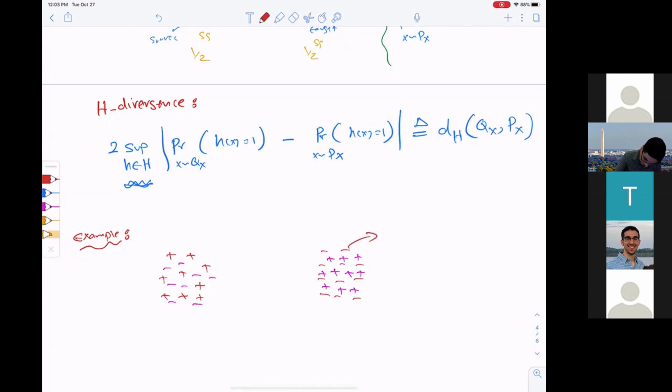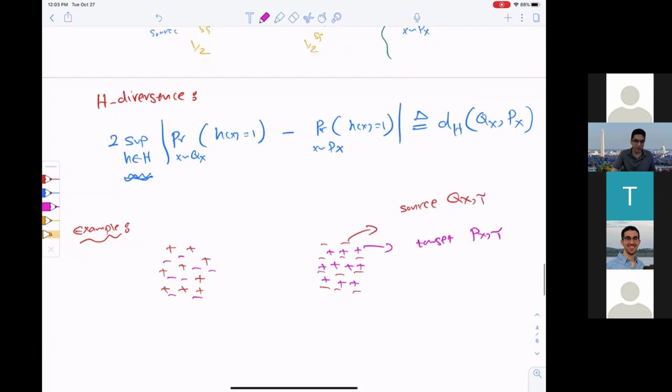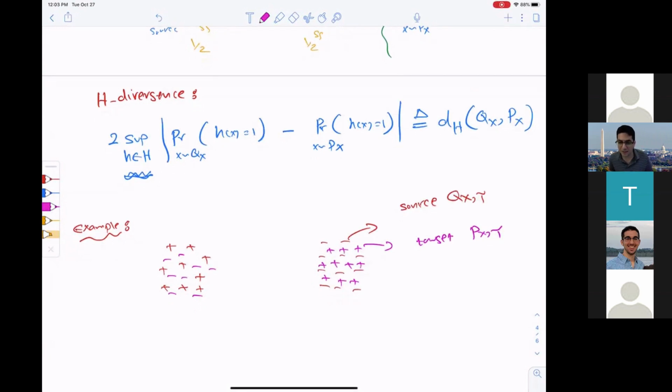So again, red is source, QXY, and pink is target, PXY. Okay, what do you guys think? Are these two distributions the same or different? Okay, I see that there's an answer: different.